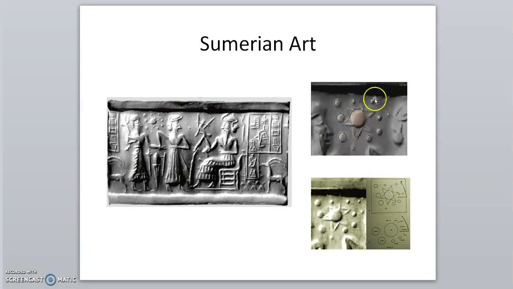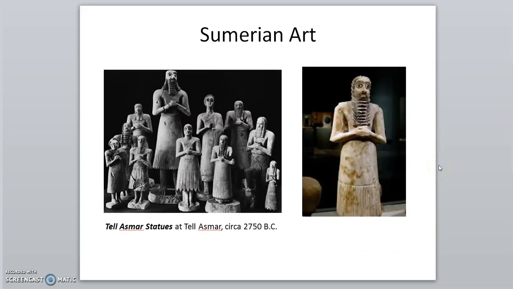Some say that the proportion of these planets matches pretty accurately the configuration of our modern solar system with the sun at the center. And as you know, most cultures did not think that the sun was the center of the solar system or the universe. But here, there's possibly some artworks that would seem to indicate that Sumerians possibly knew that or guessed right, or perhaps maybe that's just a star, and then some other random star system.